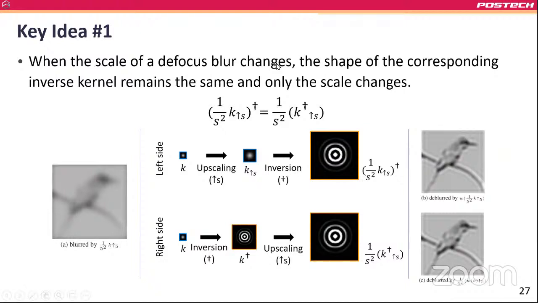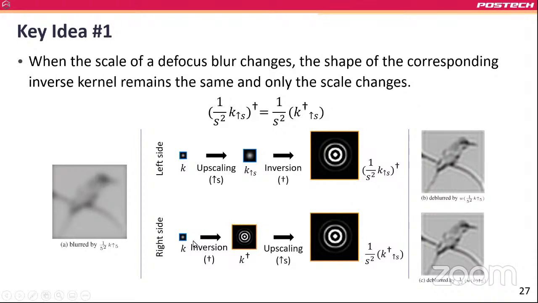When the scale of defocus blur changes, the shape of the corresponding inverse kernel remains the same, but only the scale changes. That means here we have this kernel for defocus blur, and then we upsample it. That means the same kernel but with a different scale, and then we take the inverse, and we obtain the inverse kernel, then we get this one. But this is the same as this one.